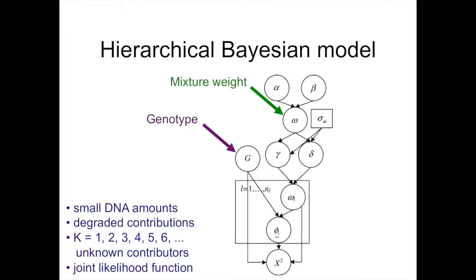To analyze this data, there is a lot going on. So at each locus, there are the genotypes, the allele pairs from each individual, that's indicated as genotype, letter G. There's a mixture weight of how much of each person, what fraction contributed, maybe 0.1 or 0.3, to the overall mix.